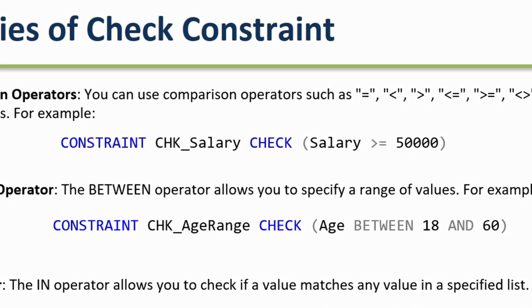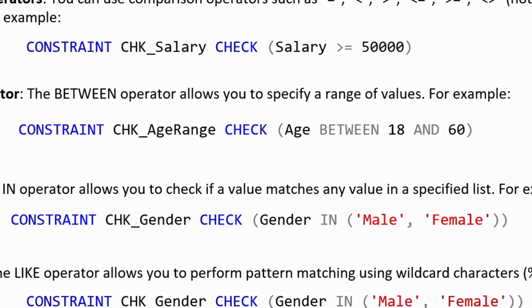The second point is that you can also use the between operator. Let's say I want to create a table where the age is greater than 18 and less than 60, right? So I can use the keyword age between 18 and 60.